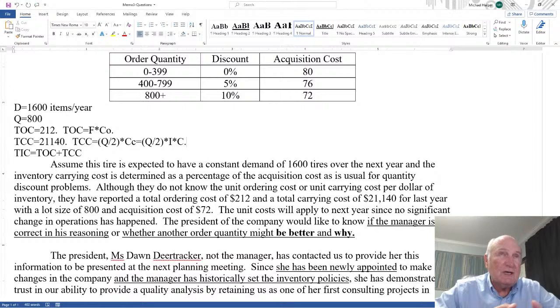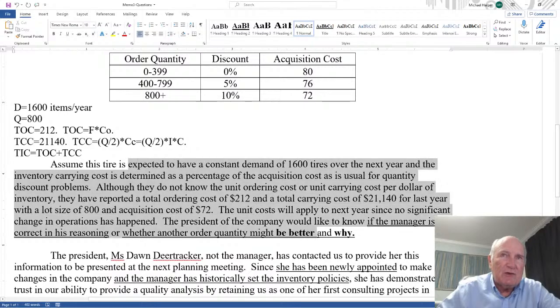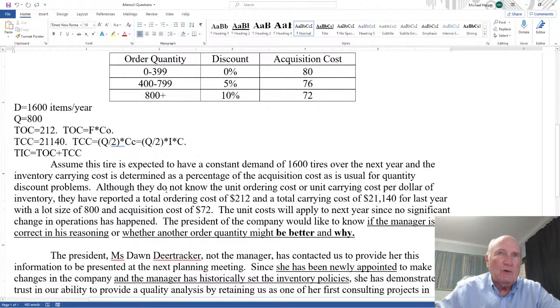We know some things, we don't know some things. You do not know the unit ordering cost or the carrying cost per dollar of inventory. That's what you do not know. Can you calculate this from what you know?